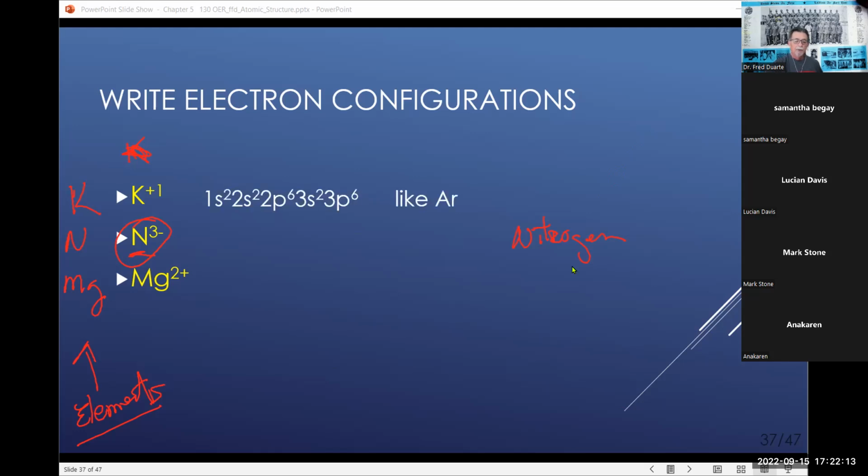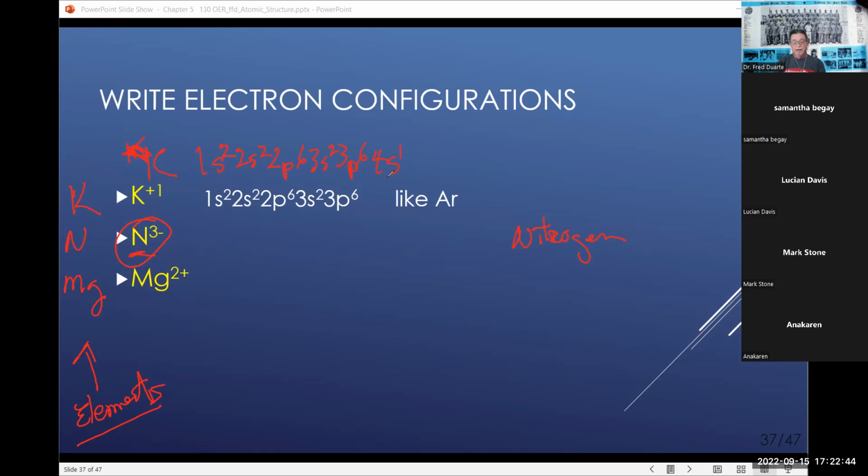So if we write the electron configuration for the ion, it would be 1s2, 2s2, 2p6, 3s2, 3p6. If we were doing potassium, all that would be the same, except there'd be 4s1 for potassium.